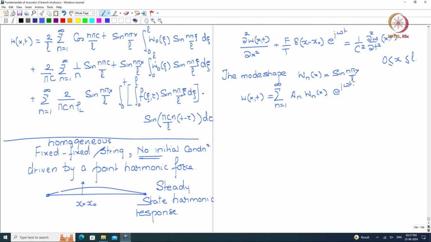So now the assumption is that the mode shapes form a complete set.